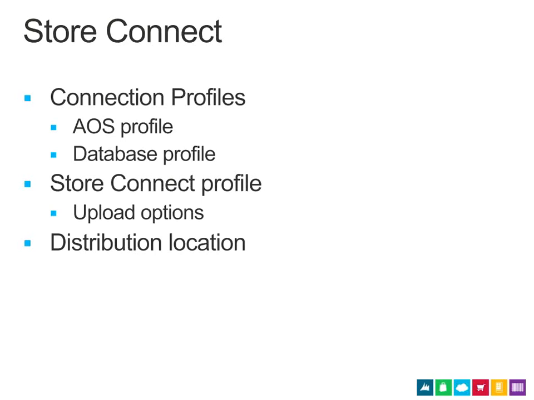For that, you configure the AOS profile. You specify which AOS server you want to use, where it is, how it's configured, and that's one endpoint. The other endpoint is a store database or multiple store databases. For each database, you will need a database profile. There as well, you configure the server and the database name. It's like a connection string.